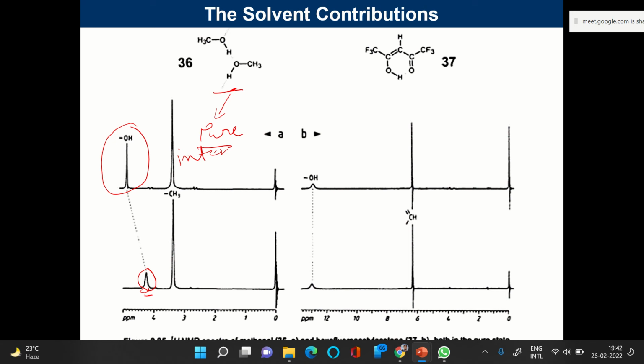Okay, so this kind of distinction in the NMR spectrum will be obtained only if you have intermolecular hydrogen bonding.